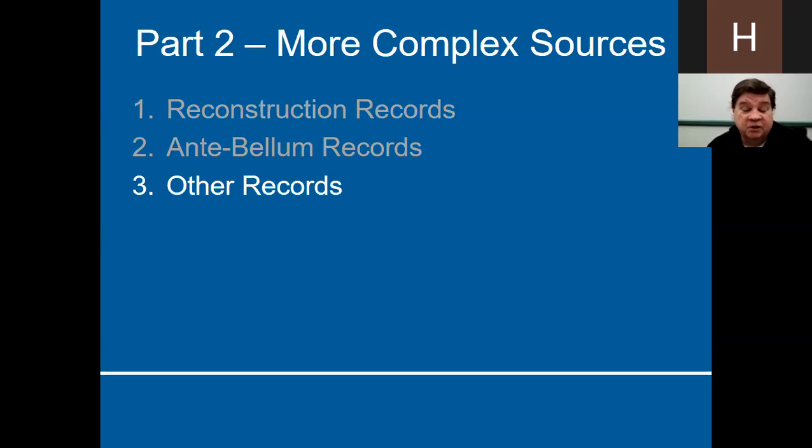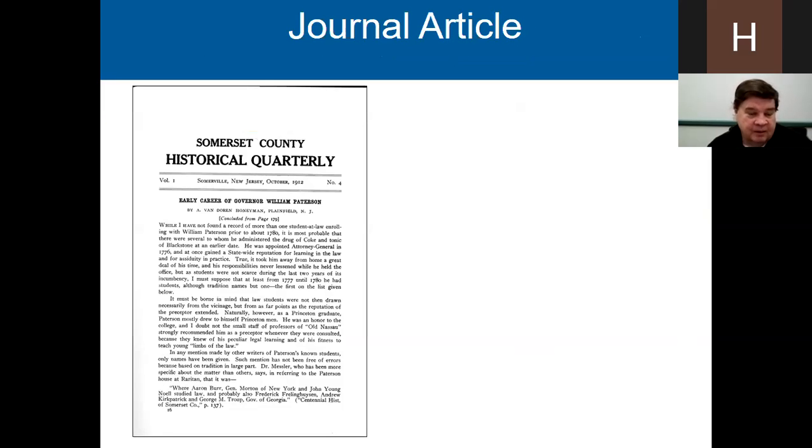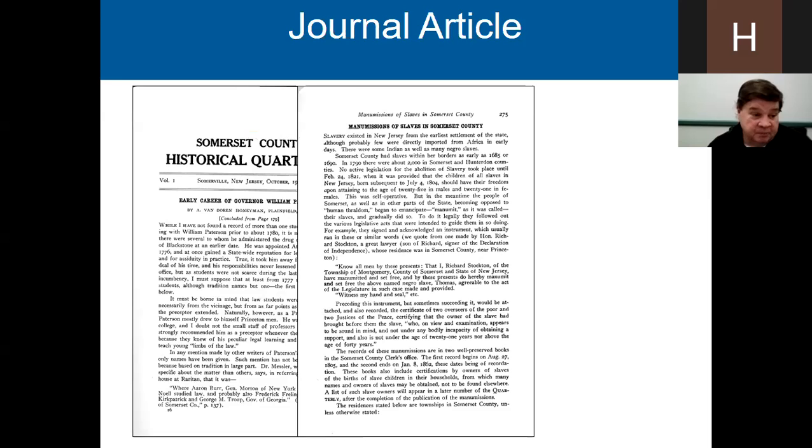What kind of other records might you find out there in the universe? It depends. You can find all sorts of things, though. Here's a journal article. Genealogical societies and historical societies all over this country publish usually once a quarter some kind of magazine or publication, and every kind of article that you could imagine is in it. This is from Somerset County, New Jersey, and it's manumissions of slaves in Somerset County.